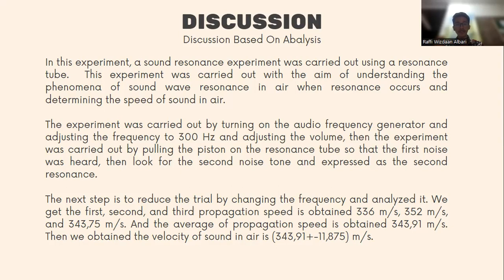Then the piston on the resonance tube was pulled so that the first loud tone was heard, and then the second tone was found and expressed as the second resonance. The next step is to repeat the trial by changing the frequency and analyze it.